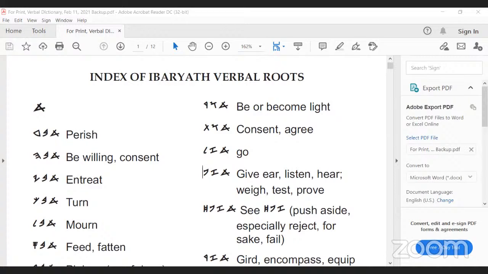This will help you tremendously with your study of the scriptures, right? Even with the New Testament, because this gives you the Hebraic meaning of the words, okay? So you can use this even with your study of the New Testament, but of course you can use this with the quote unquote Old Testament. There are literally hundreds of root words that are in here with these nice gloss meanings. Okay, this is very convenient.